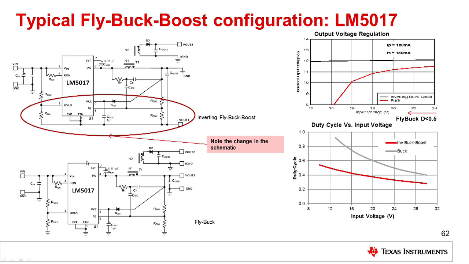The Flybuck down here, again, is just a simple buck regulator, all ground referenced, where the output voltage will be positive and the secondary voltage can either be positive or negative. As we mentioned before, for an inverting buck boost, the duty cycle is much less over a very wide range of input voltages than it is for an ordinary buck.